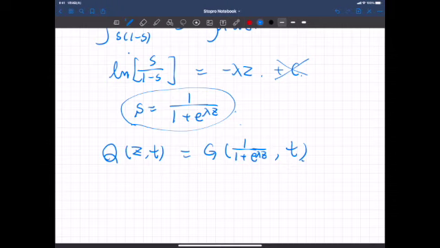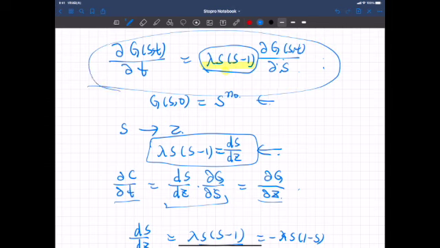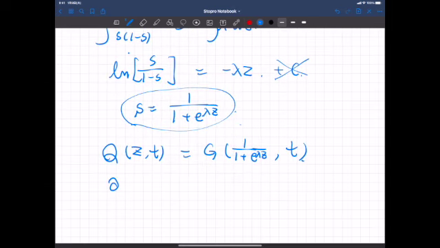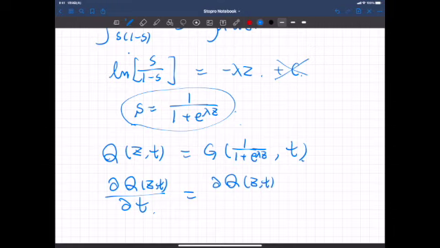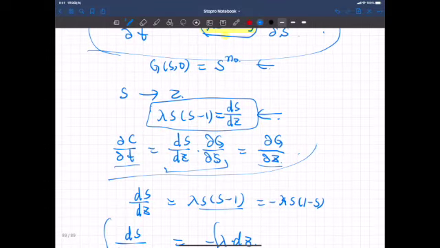So if we use this notation, then this original partial differential equation is equivalent to q of z, t differentiated with respect to t, equal to the partial derivative of q of z, t with respect to z, for the reason we explained here.